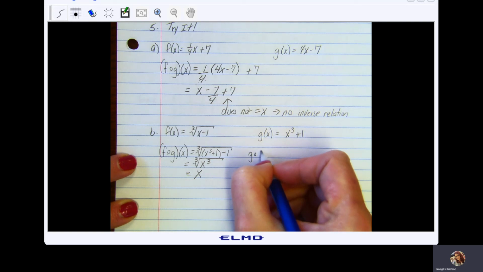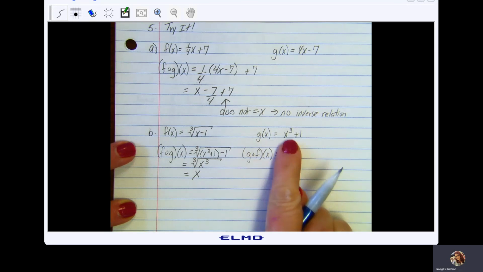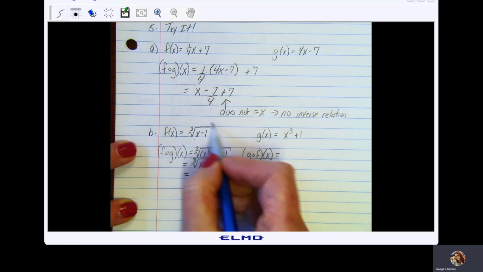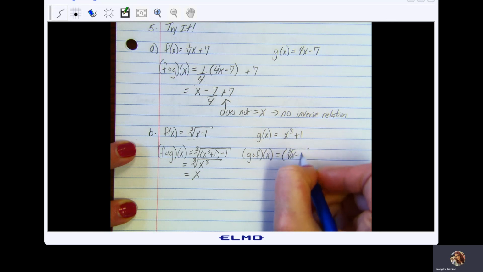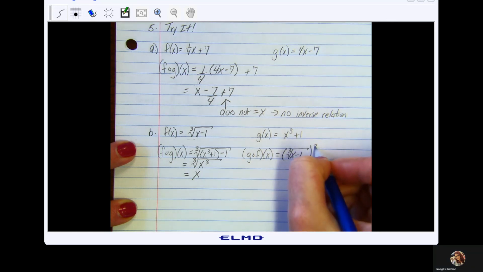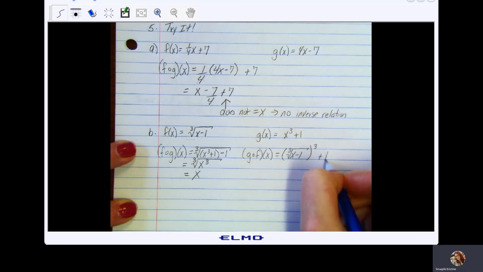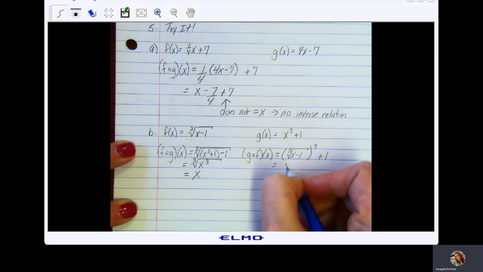Let's go g of f of x. So now I'm taking my function g, and wherever I have this x, I'm going to put my function f in its place. So I'm going to have the cube root of x minus 1 cubed, that's my x cubed, plus 1. This exponent of 3 cancels out my index of 3, so this x minus 1 can leave the radical.